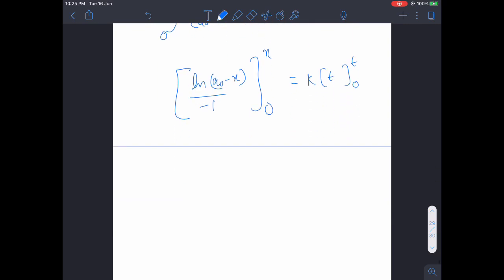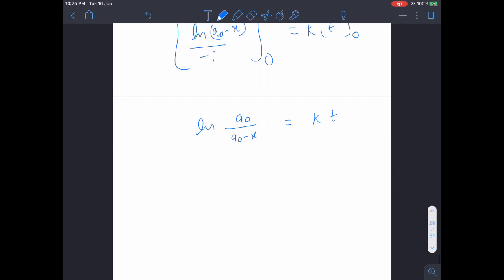Now, if you solve it, you will get ln A0 upon A0 minus x, and that will be equal to K into t. Interestingly, what we got is that K into t is equal to ln A0 upon A0 minus x.